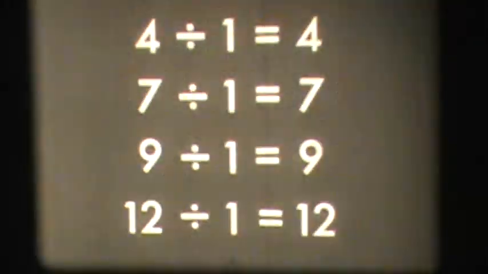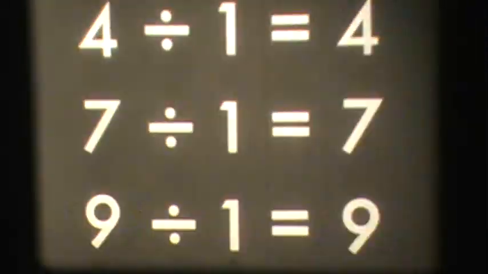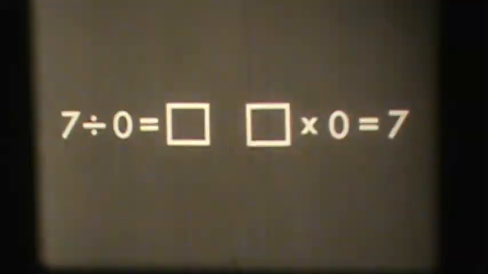Can we divide a number by 0? Let's take 7 divided by 0. Remembering that division is the inverse of multiplication, let's ask, what number times 0 equals 7? In multiplication, there is no number times 0 that equals 7. So there is no inverse.